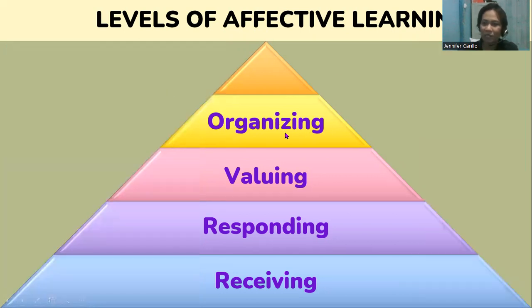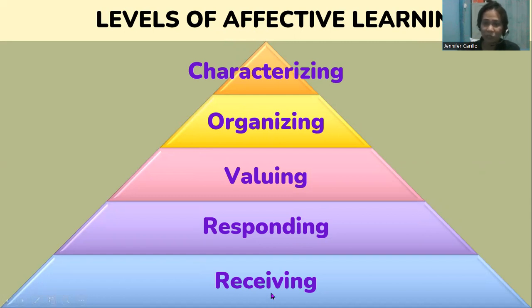And this value system is very important to achieve the last level of affective learning, which is characterizing. This is about building your character. So this is how we develop or build character in our students.